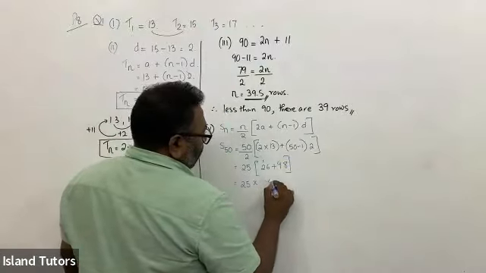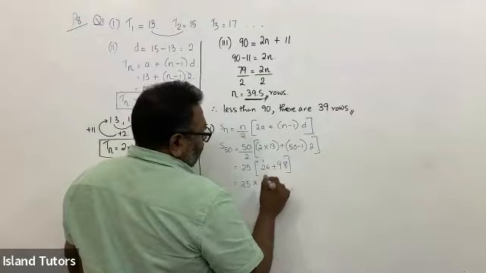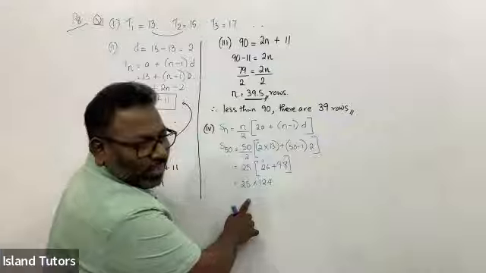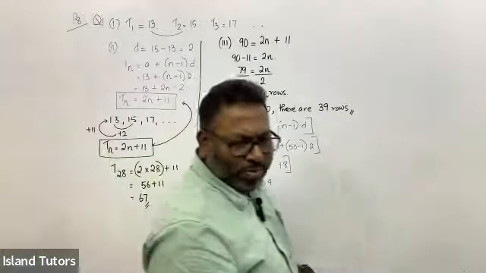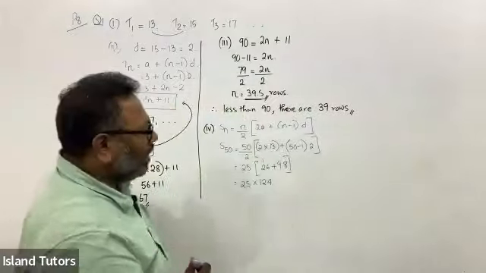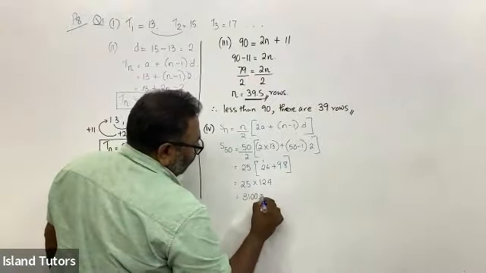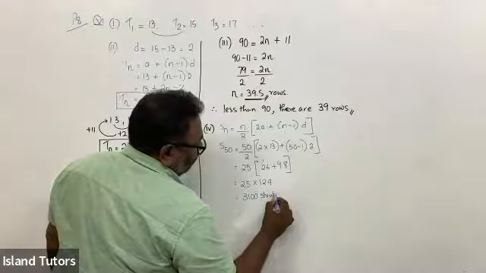So 25 multiplied by 26 plus 98 is 124. Somebody give me a calculation. 25 multiplied by 124, how much? 3,100 flowers. Very good. 3,100 shrubs.